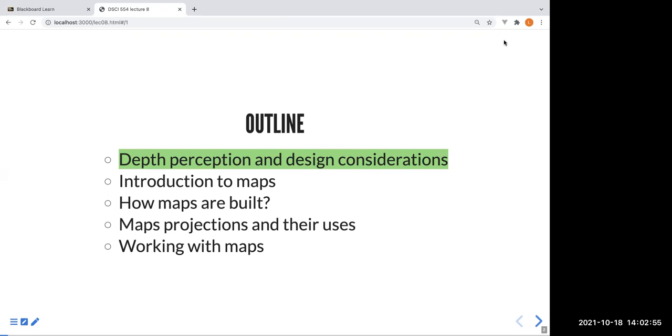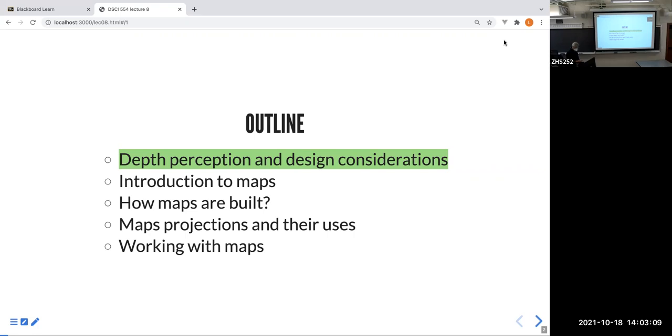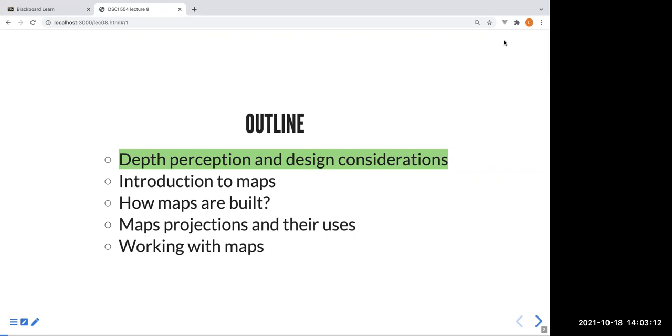Different projections are useful in different contexts, so you need to understand what a map projection is and which projection to use for which type of maps. And then we'll see how you build maps with D3 and Mapbox and others.